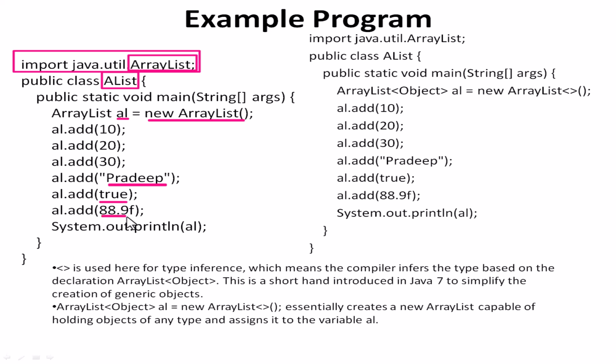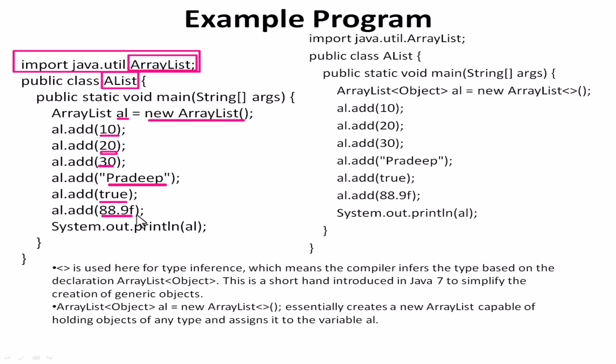And here you add a float, 88.9f. Basically an array is a combination of homogeneous elements, so it can store only one type of data, but here you have added different types of data. 10, 20, 30 are integers, Pradeep is a string, true is a boolean, and 88.9f is a float.